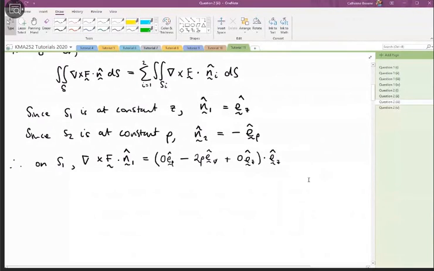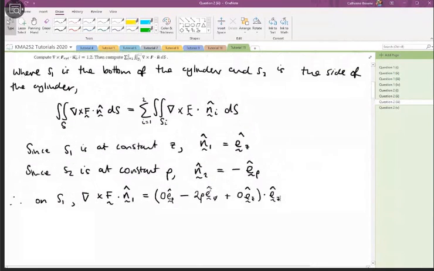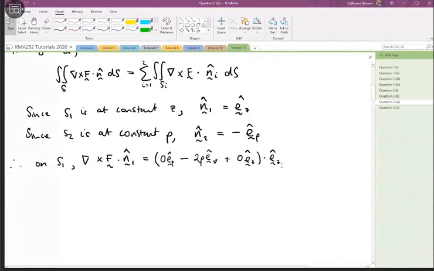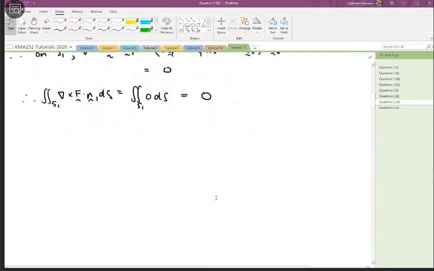But so that's the curl I found in part 2, dotted with the normal vector, and I just get 0. And then on S2, that same thing, we've got a different normal vector.